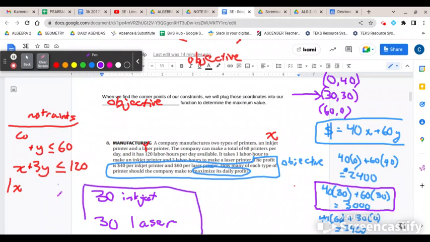Given what we are constrained by, given that we can only make 60 in a day, and given that we have 120 labor hours available, this combination of printers will make us the most amount of money.